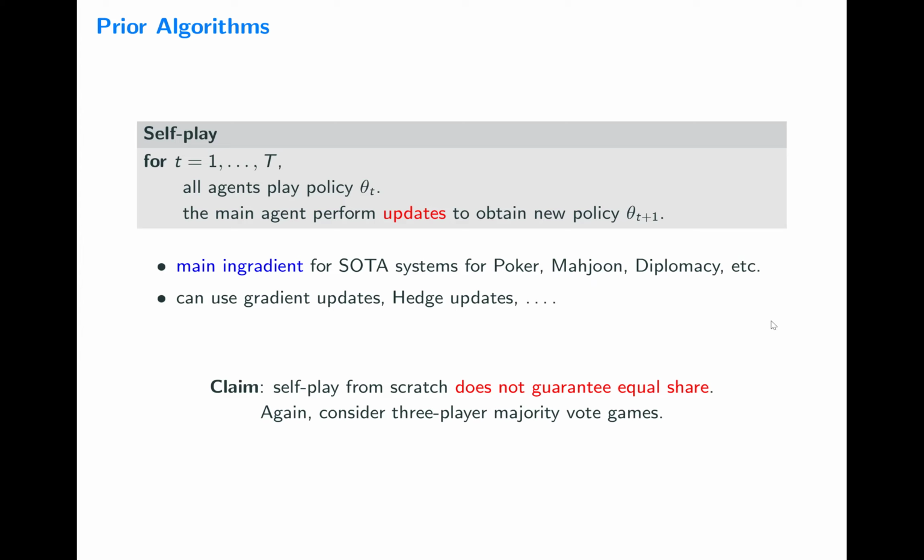But in all the simple examples we talked about, when you run it in practice, it will actually converge. I think the answer also highly depends on what kind of updates you're doing. Here we can leave the update as a subroutine. You can either do gradient updates for the new policy, or hedge updates. For hedge, probably you will have some guarantee. For some other updates, probably you don't.